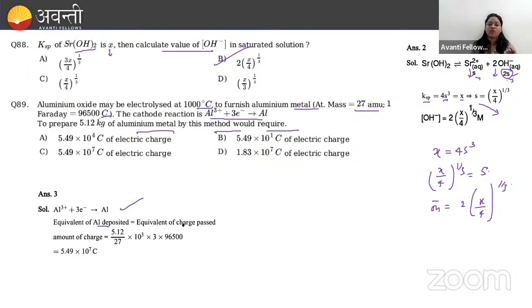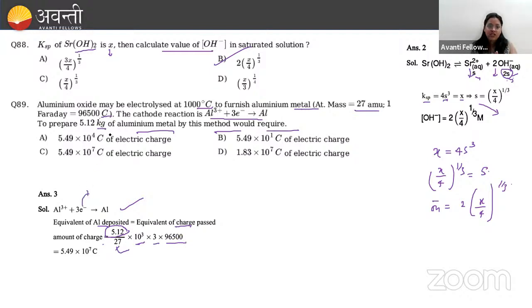The equivalent of aluminum deposited will be equal to the equivalent of charge passed through the solution. So the amount of charge we can find by dividing the weight of the given aluminum metal by its atomic weight, multiplied by 10 raised to 3, and multiplied by 3 into 96500. Why 3? Because 3 charges means 3 electrons are required here.